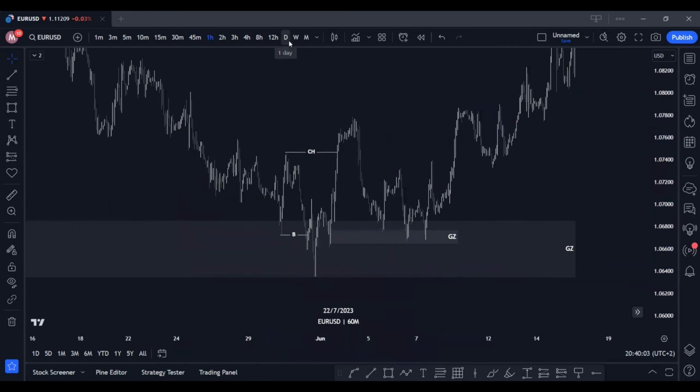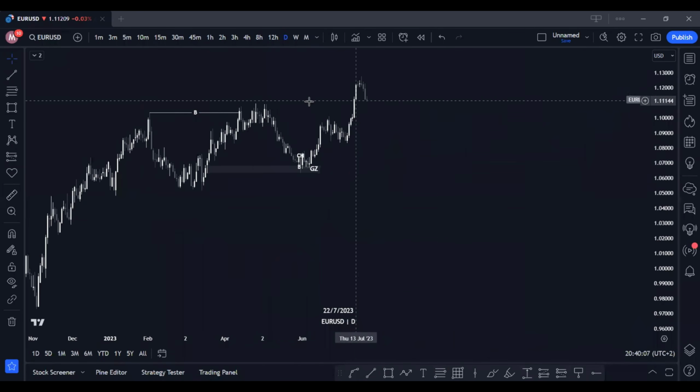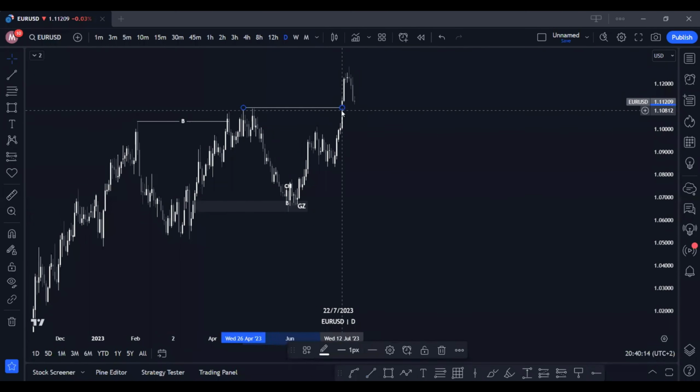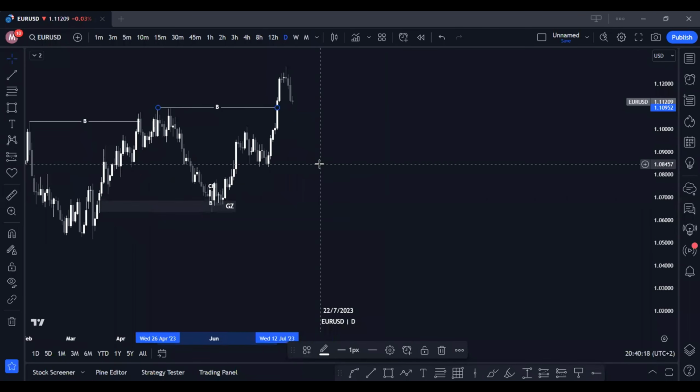Okay, so now let's go back to our daily chart, and as you can see, price took our take profit here, and when price takes out our previous high here, a break of structure is created.